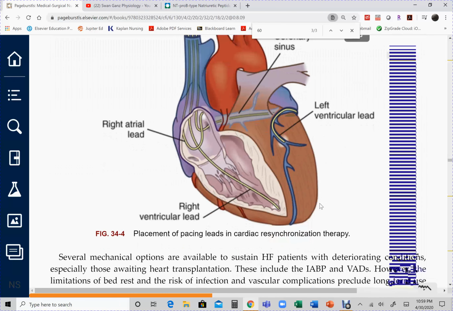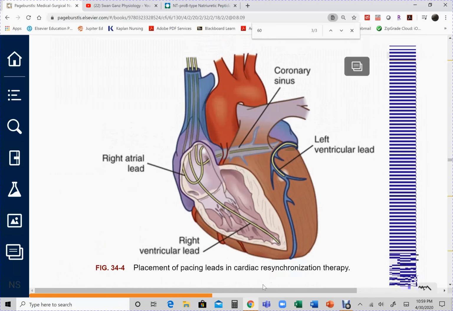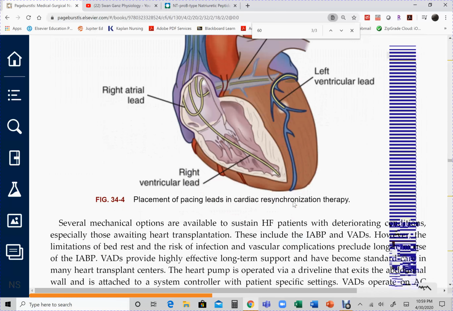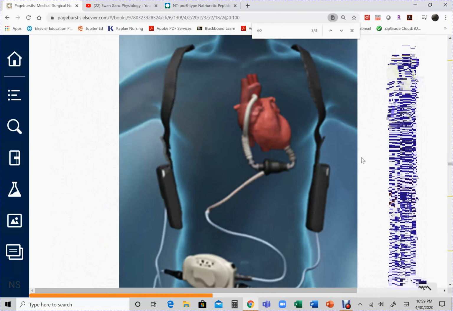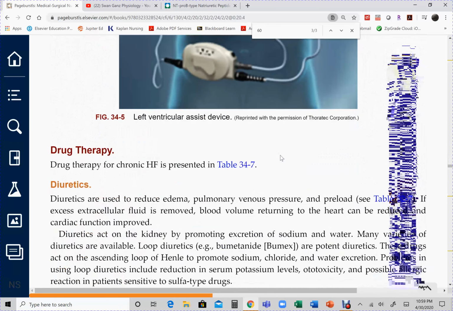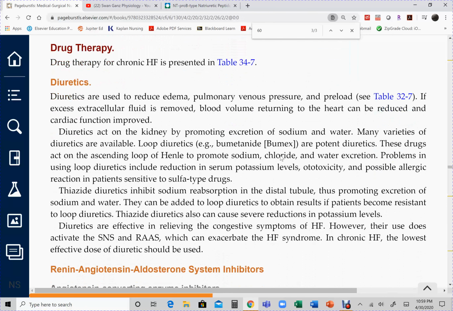I already mentioned we're not doing CRT. CRT stands for cardiac resynchronization therapy, intra-aortic balloon pump, and even ventricular assist devices. Okay, these are advanced equipment. You won't see them commonly as a new nurse.